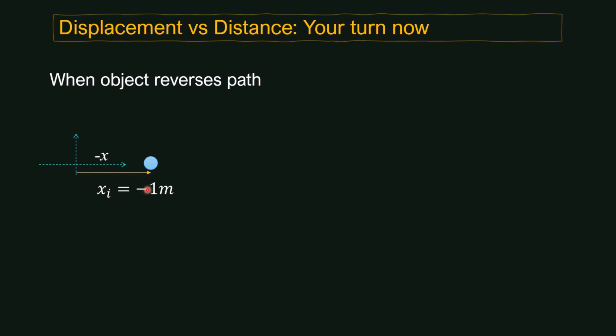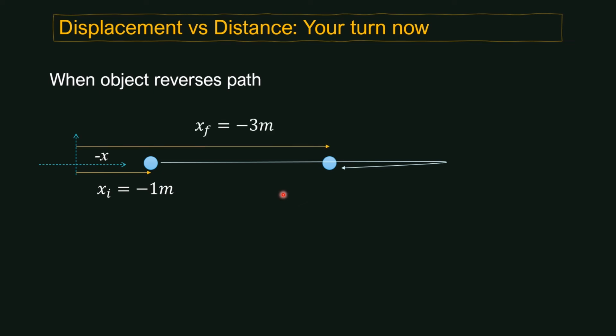Initial position is negative 1 meter because it's to the right, and right being negative, it has a negative sign. Similarly, the final position is also negative now because, again, we are choosing right as negative.